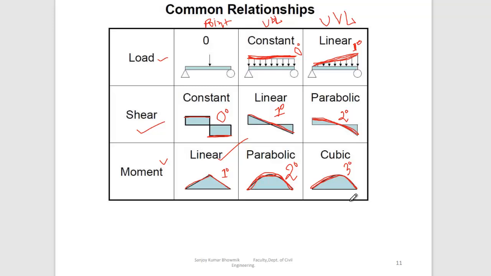Sir, I have a question, sir. Sir, 0 degree or 1 degree, both are straight lines, sir. Don't you see the constant and the linear? Do you understand the constant and the linear, increasing or decreasing? So 0 degree is the constant, no increment.